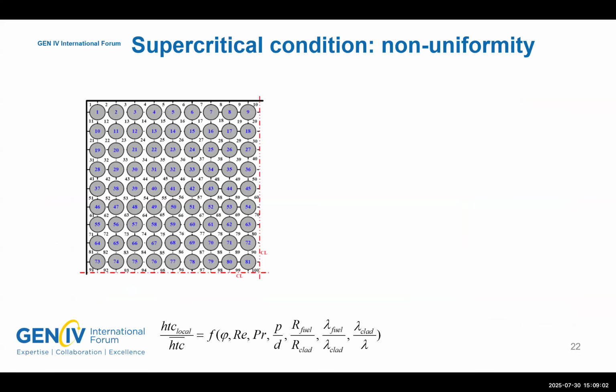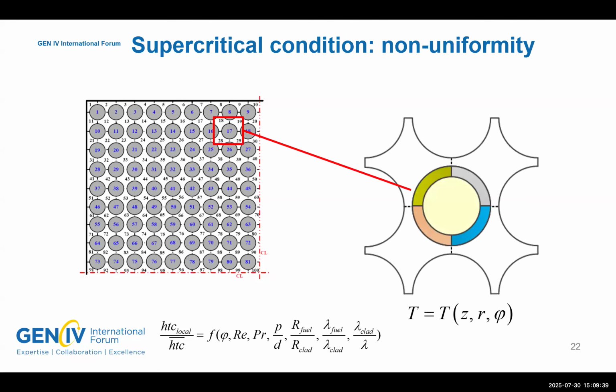So we defined the local heat transfer coefficient divided by the average heat transfer coefficient, and we assume this non-dimensional number is a function of the angle in the circumferential direction, and also the Reynolds number, Prandtl number, P/D ratio, and the thermal conductivity dimensionless numbers.